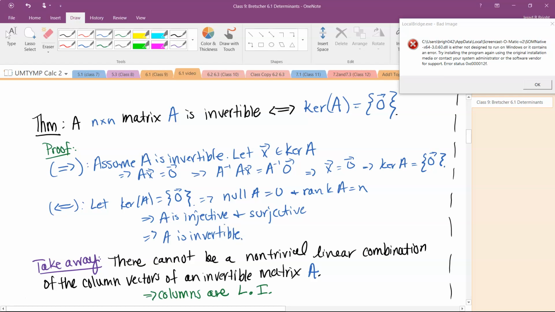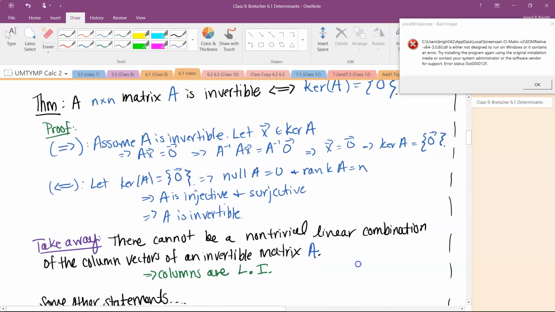So that's the proof, verifying that if we have invertibility for a matrix, then the kernel of the matrix is 0. Consequently, there can't be a non-trivial linear combination of the column vectors for an invertible matrix, and then the columns are linearly independent.